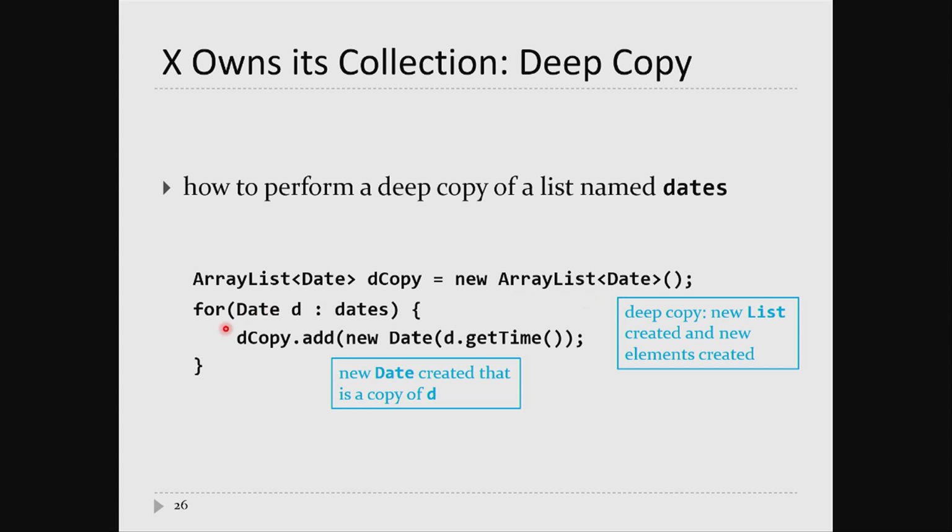So you write a loop. You loop over the collection that you're copying. Inside the loop, you have to make a copy of the object D. So I have to make a new date, where the new date object is a copy of the date object referred to by D. So new date, D get time. Again, remembering that date's weird and doesn't have a copy constructor.